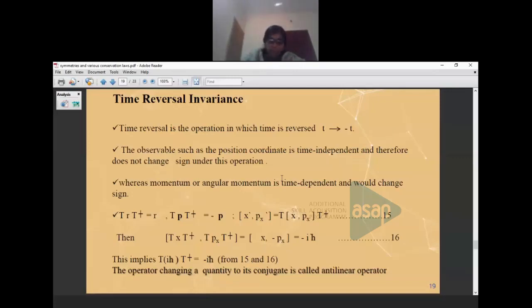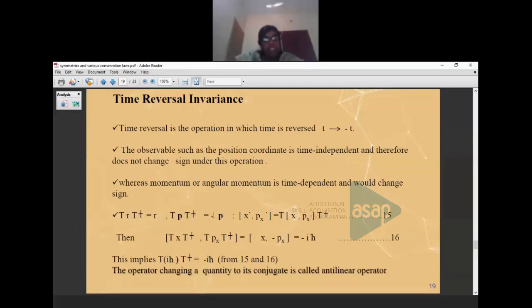Therefore, momentum and angular momentum are time dependent, and therefore, when the time reversal operator is operating, they are likely to change. Now, with these two facts in mind, when there is a unitary transformation, T r T dagger, you will get r, but T p T dagger will get minus p.